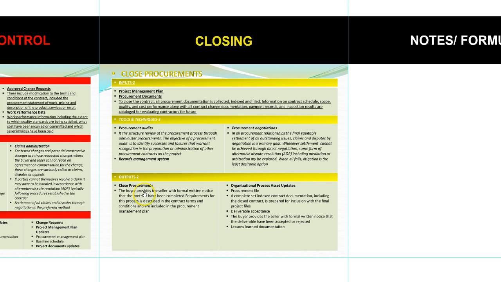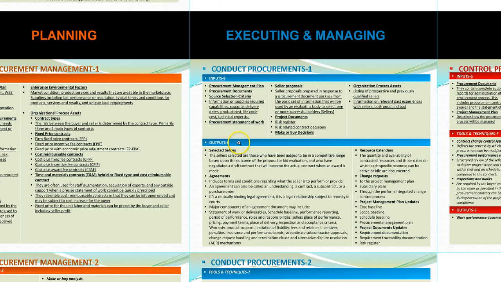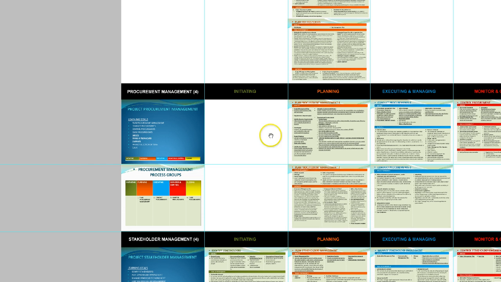This is where the buyer provides the seller with a formal written notice that the contract has been completed with respect to the requirements. Once this is done, then our project is closed. So all these four processes are from the procurement management knowledge area.